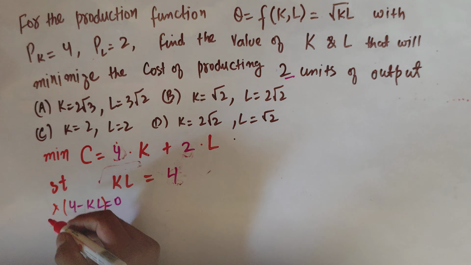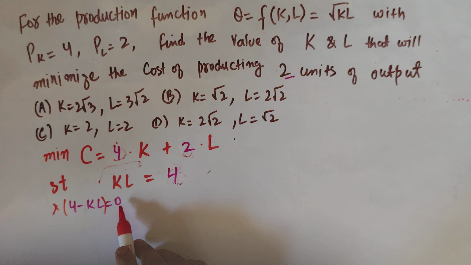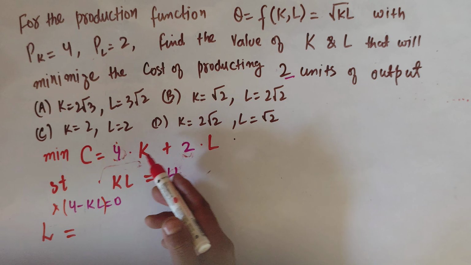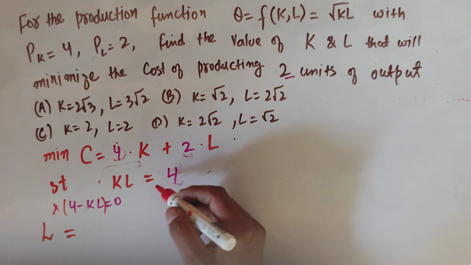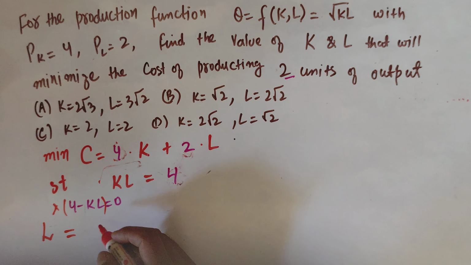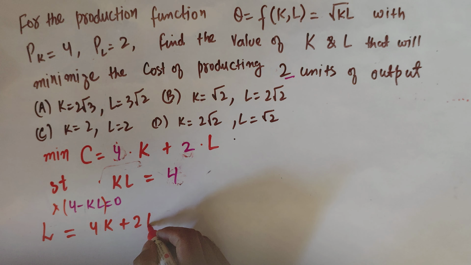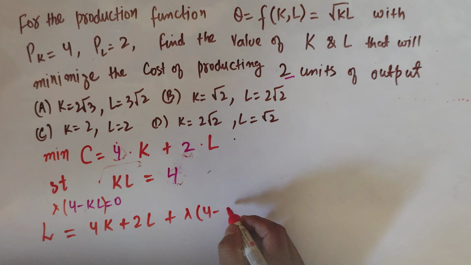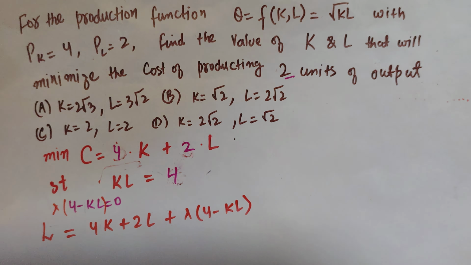On the RHS, lambda times 0 will in fact become 0. Third is we set up the Lagrange's function, which is the addition of the objective function and the resulting constraint that we formed. So it will be equal to 4 times K plus 2 times L plus lambda times (4 minus KL). Okay, this is our Lagrange's function.